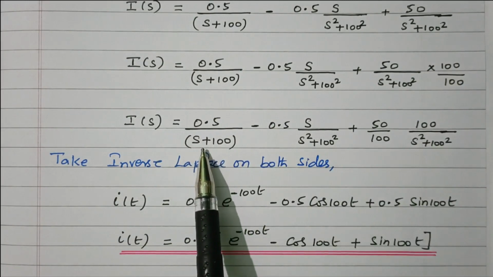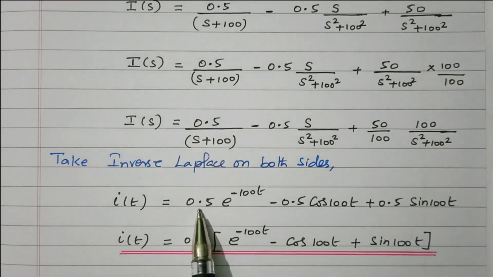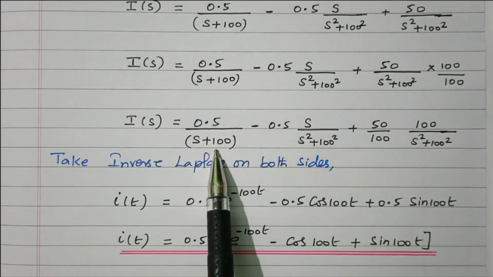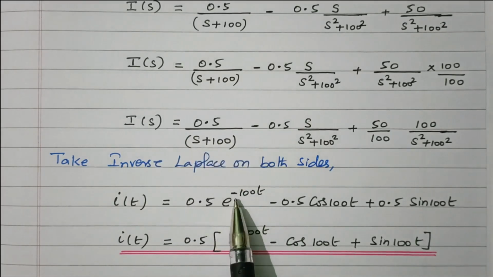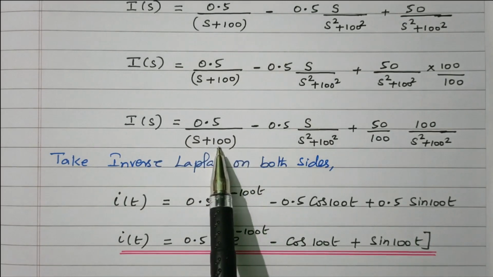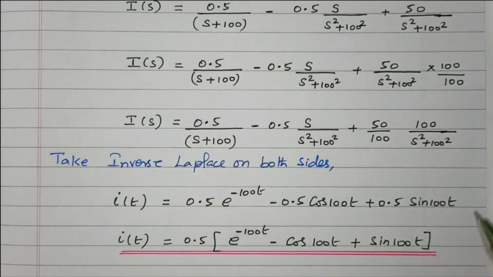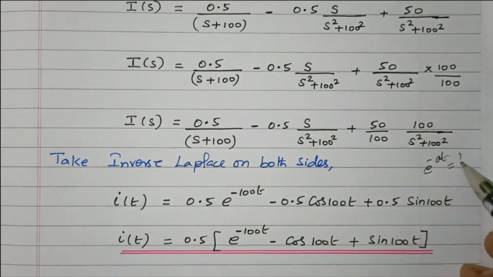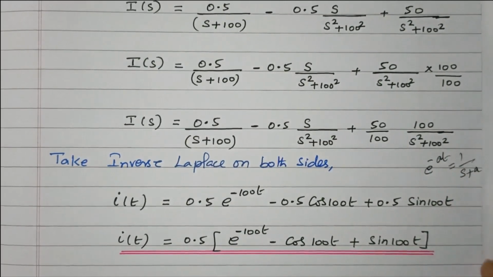So the inverse Laplace of this: 0.5 is a constant. 1 divided by (s plus a) is e^(−at). Based on that, e^(−100t), where a is 100. So it is based on e^(−at) equal to 1 divided by (s plus a).